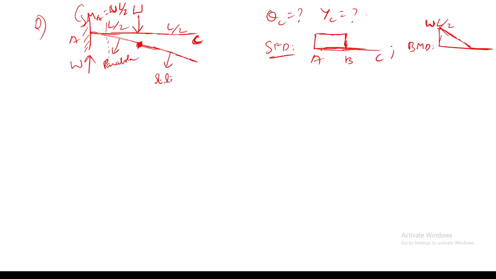If I know the slope at point B, let's say this is the slope at point B, what will be the slope at point C? What will be the relation between the slope at point B and the slope at point C?